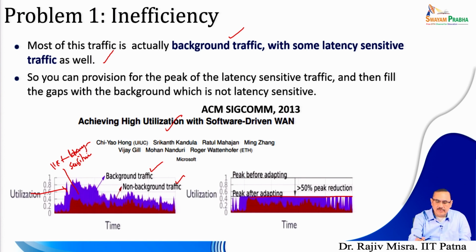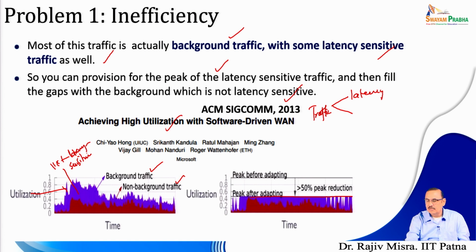Most of the traffic is actually background traffic with some latency sensitive traffic, if you analyze it. So, you can provision for the peak of the latency sensitive traffic and then fill the gap with background traffic which is not latency sensitive. You can now classify the traffic into latency sensitive and non latency sensitive.